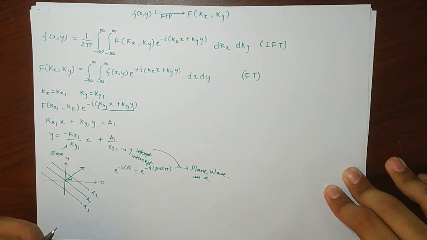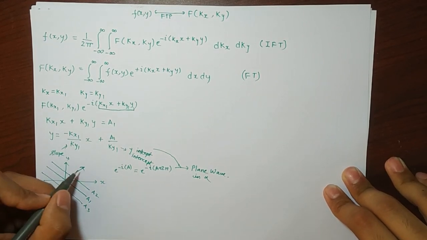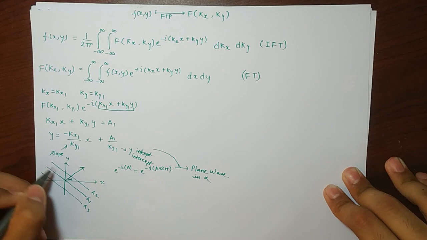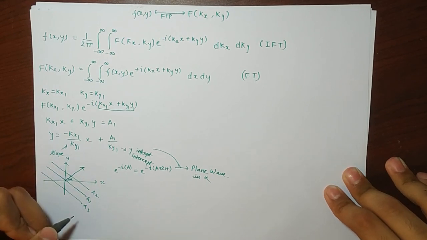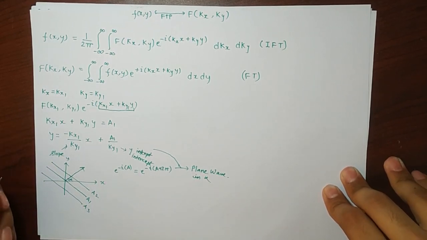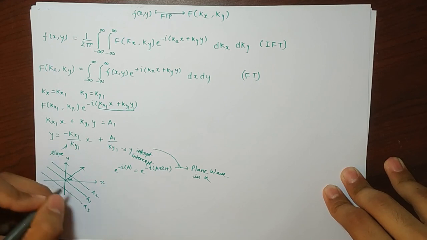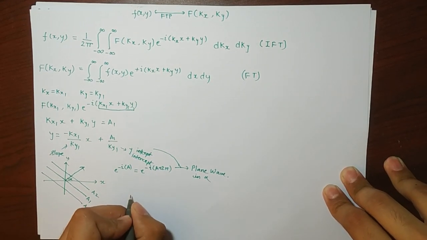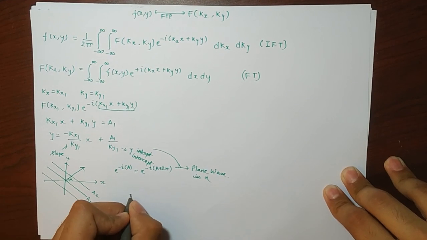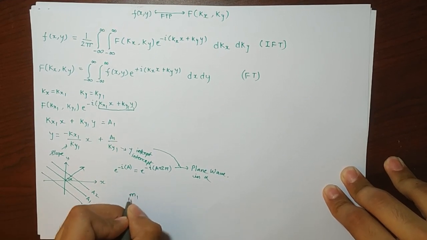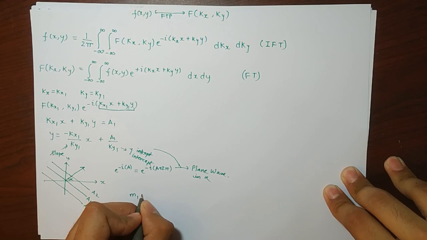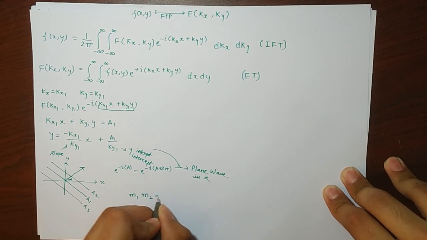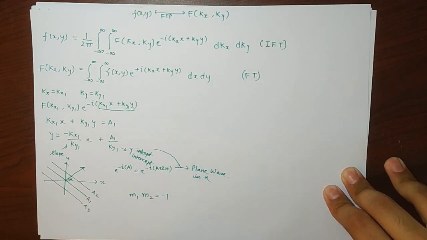So what would be the value of alpha? You know that this alpha direction is perpendicular to the line. From geometry, we know that for perpendicular lines, if the slope of one line is m1 and of another line is m2, then m1 times m2 has to be minus 1.